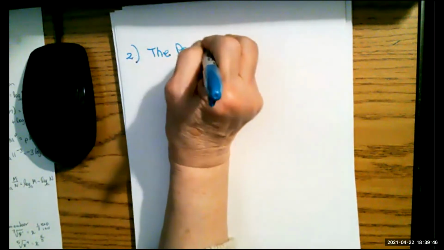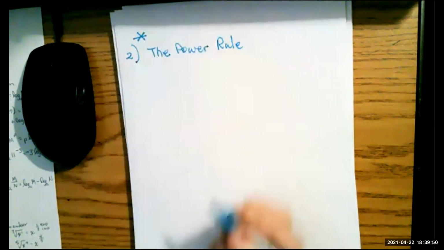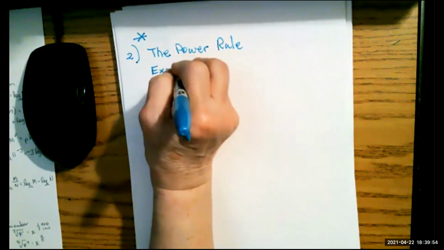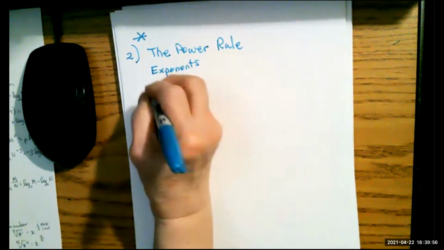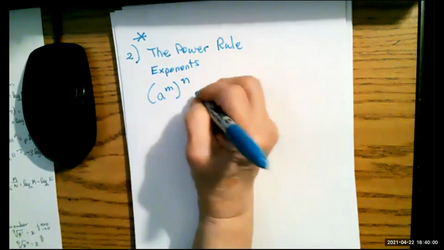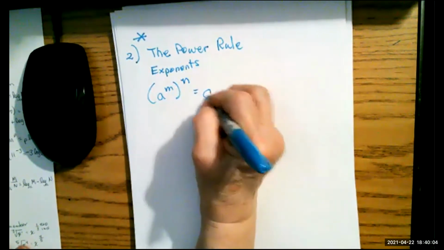The second rule that we're going to do is the power rule. This one is used the most often. This is the one you really have to know. For exponents, it would be like a to the m, all raised to the n power. Do you remember what we did to the exponents there?